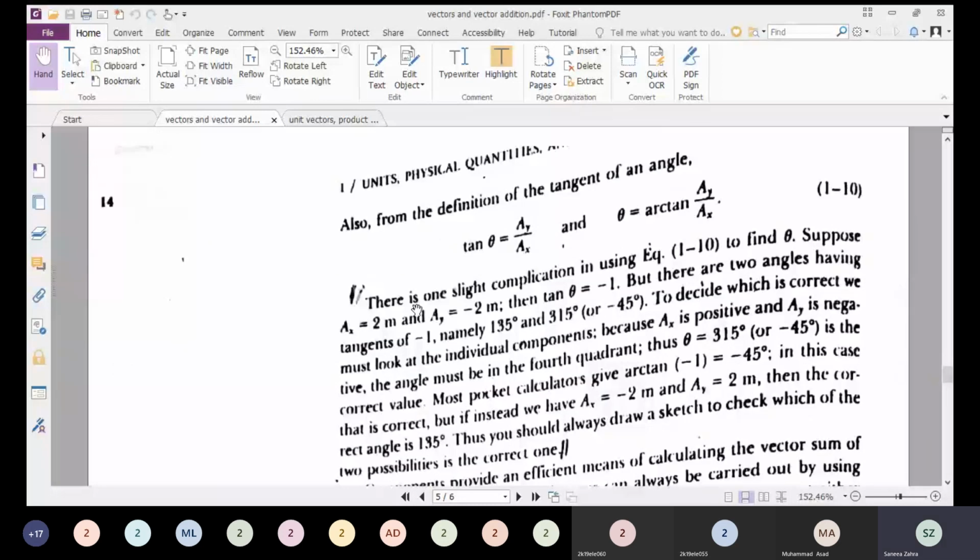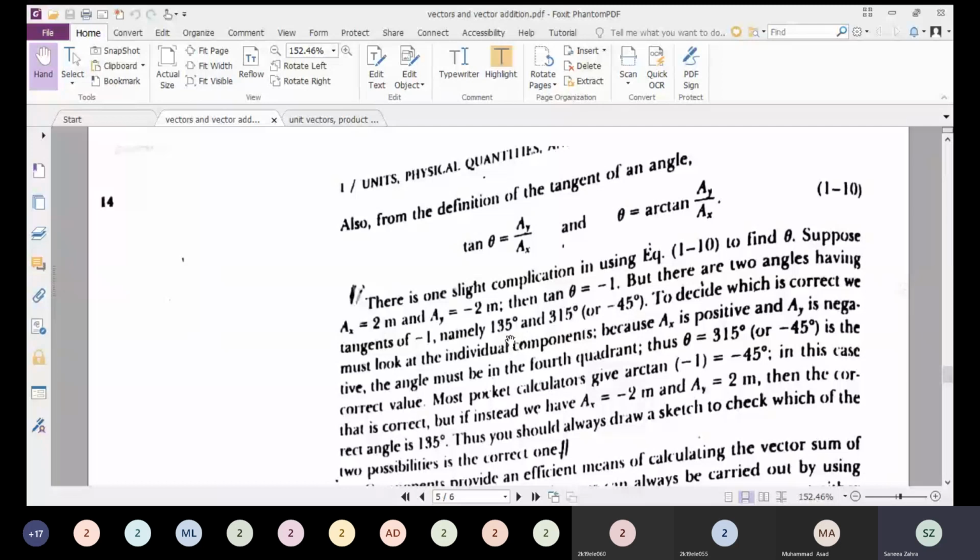There is one slight complication here. Suppose ax is 2 m and ay is minus 2 m, then tan theta is equal to minus 1. But there are two angles having a tangent of minus 1, namely 135 and 315, which are multiples of 45. So how will we know which of the angles we have to choose?